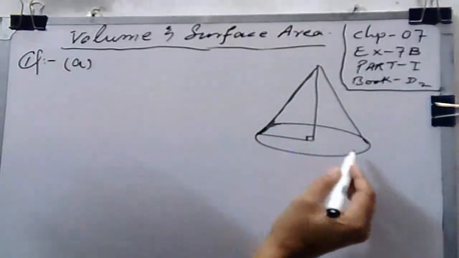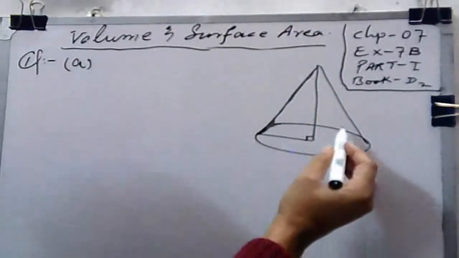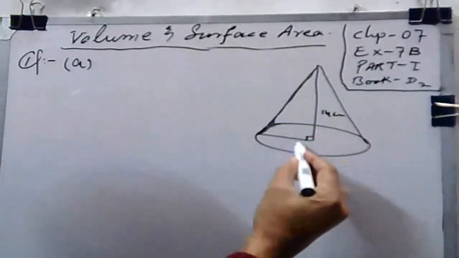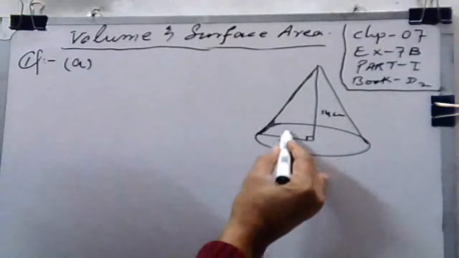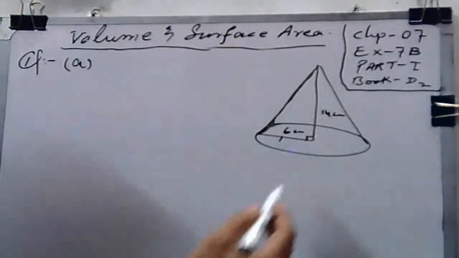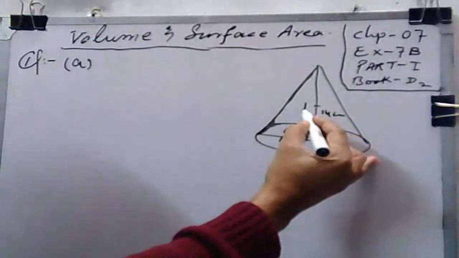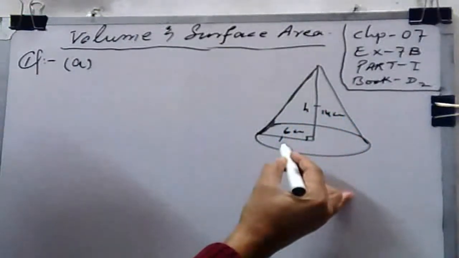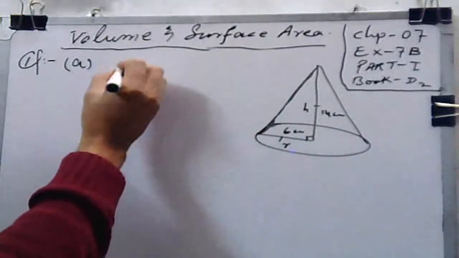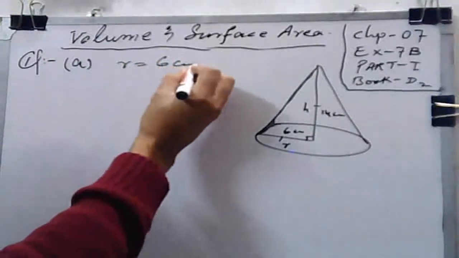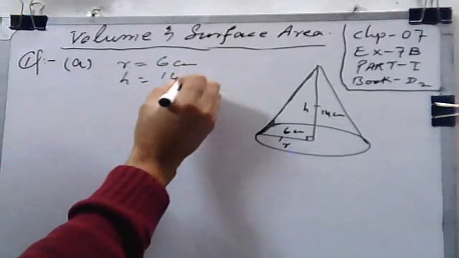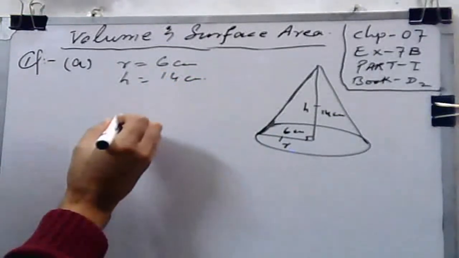So here that is your 14 centimeter, and that is your 6 centimeter. So we can say that height is h, and that is your r. It means r is equal to 6 centimeter and h is equal to 14 centimeter, and we have to find the volume of the cone.